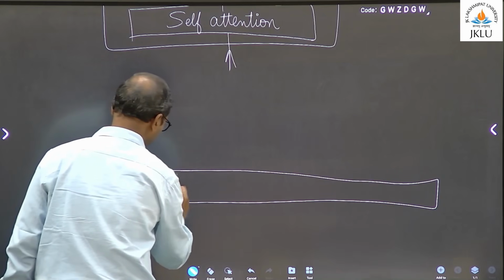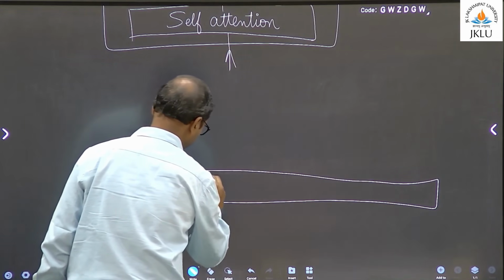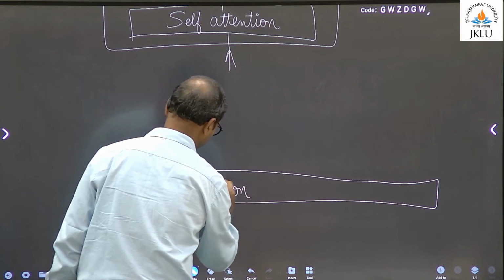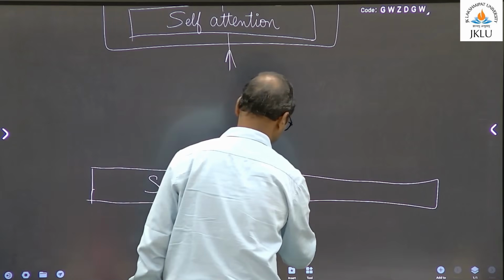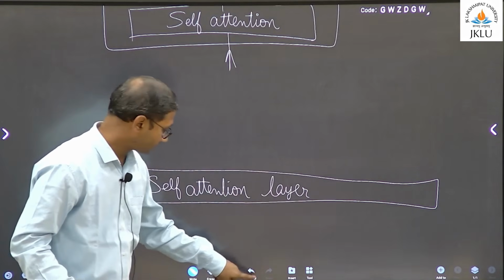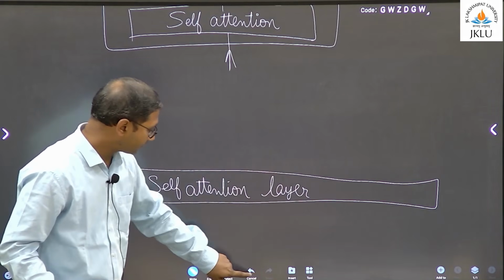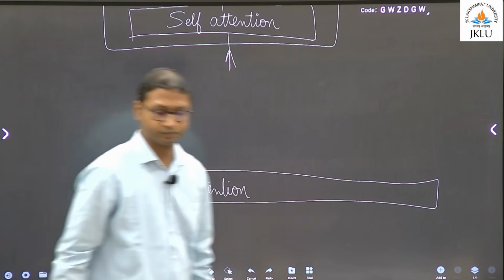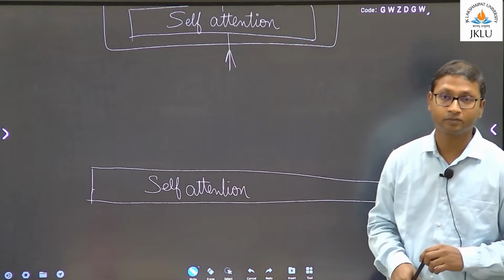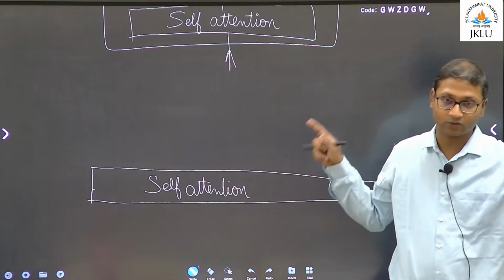Okay, so this is my self attention layer. And I am not calling it layer. So I mean self attention layer, but I am just leaving that word. So how will this take input? Now this is something we did in last class. What was that?